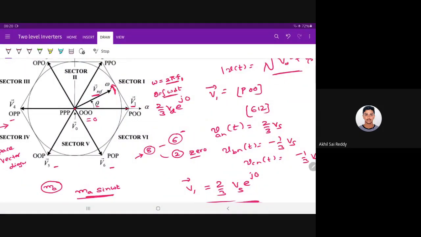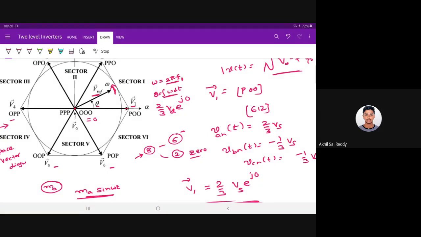Its magnitude decides the magnitude of the output voltage, and its speed of rotation, omega, decides the fundamental frequency.